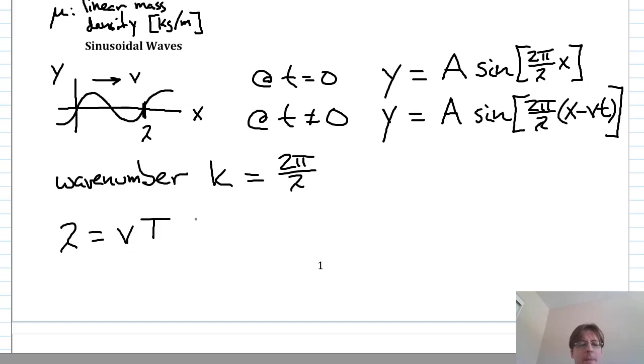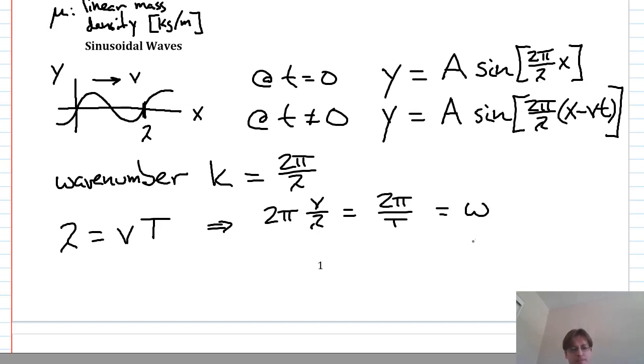This lets me make some simplifications here. It means, for example, that 2 pi times v over lambda is just the same thing as 2 pi divided by the period of the wave, since v over lambda is just going to be 1 over the period, which is what we know as the angular frequency of the vibrations, omega.